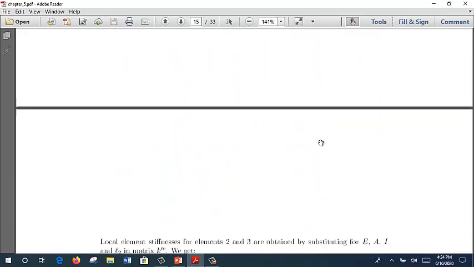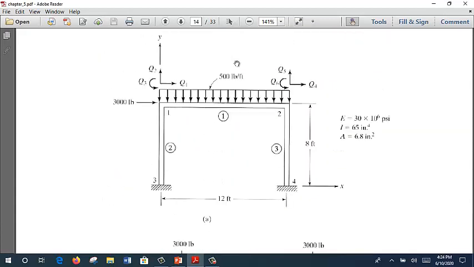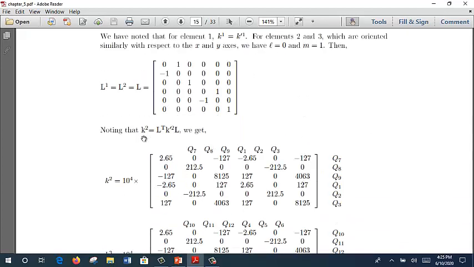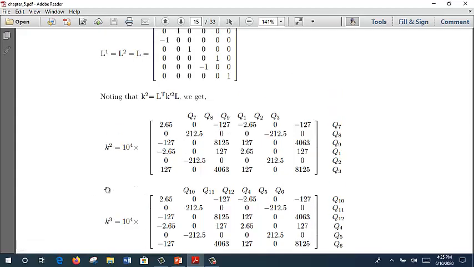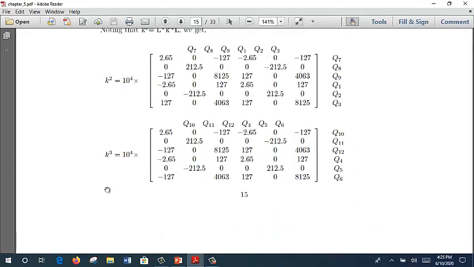Let me see if it is correct or not. This is element 2, connected to Q7, Q8, Q9, Q1, Q2 and Q3, as mentioned here. The same goes for K3. So you get your K2, you get your K3.